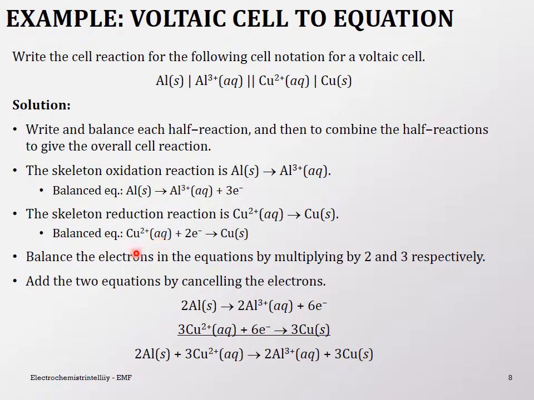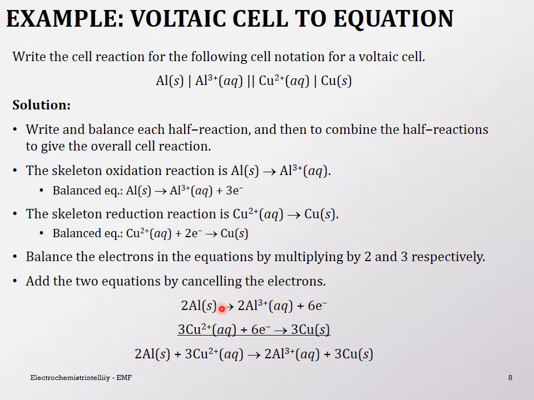So then what you have to do is balance the electrons in the equations. That's what we did when we did the balancing of redox equations. So you multiply the equations by 2 and 3 respectively, 2 for this and 3 for this, which will make it 6 electrons on either side. And that's how we cross them out, because in the final equation, remember, we're not supposed to have any electrons. So then you add the two equations.